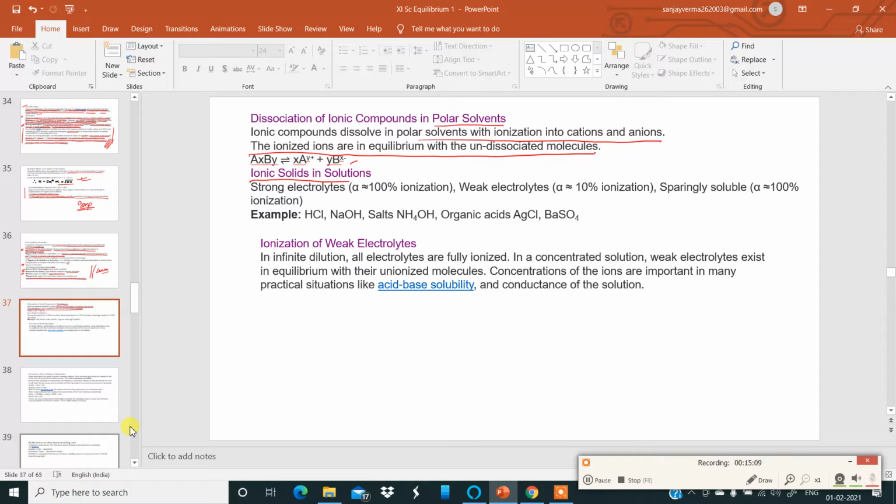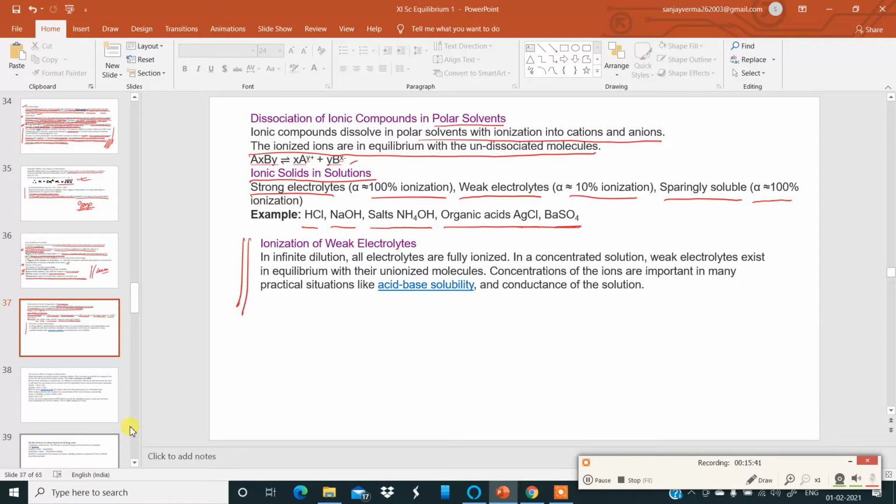Ionic solids in solution: strong electrolytes, alpha is almost equal to 100% ionization. Weak electrolytes, alpha is 10% ionization. Sparingly soluble electrolytes, alpha is 100%, you can say. Examples: hydrogen chloride, hydrochloric acid, sodium hydroxide, salts, ammonium hydroxides, organic acids, and silver chloride, barium sulfate.